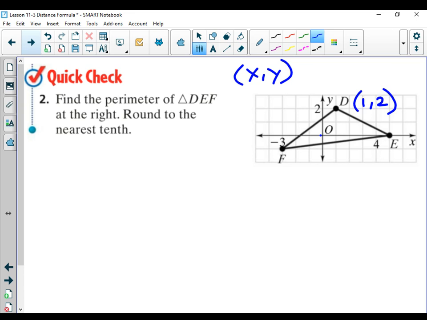Over 5, up none. Are you writing this? Back to the middle, how am I going to get to F? Negative 3. Back 3, down 1. Oh, so it wasn't really a problem after all. I just had to get those numbers in there.